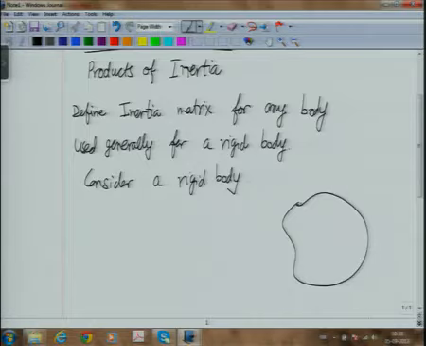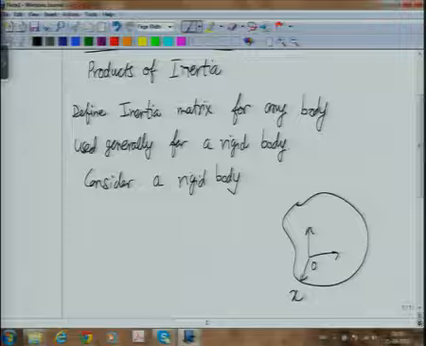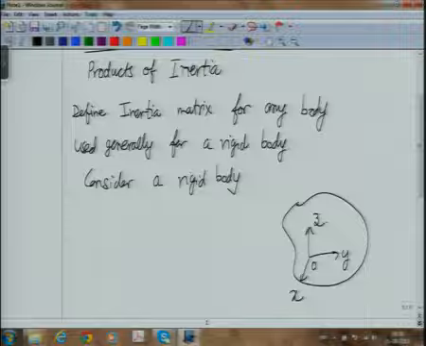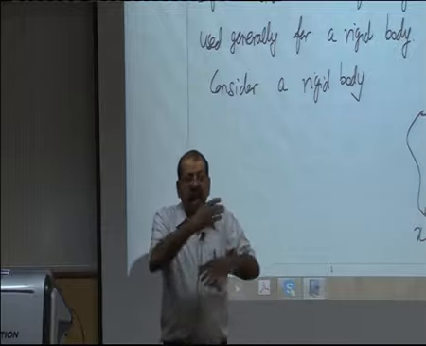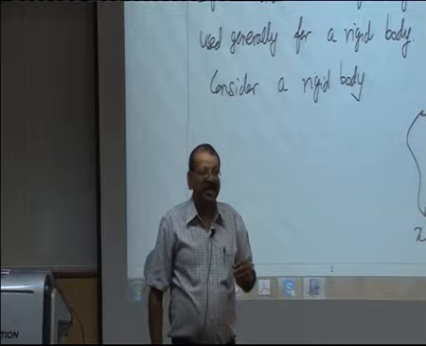Now what we do here is, at some point O on the body, we fix the coordinate axis. So there is a point on the body on which we fix three axes x, y, z. Now if we fix them on the body, one thing you will realize is, as the body moves, the axis will also move with the body.